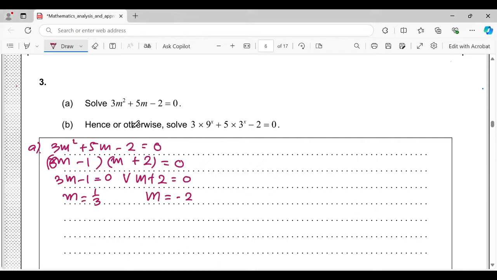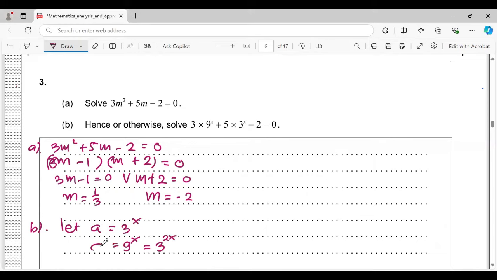Hence or otherwise, solve 3 multiply 9 power x plus 5 multiply 3 power x minus 2 equals 0. Let a equals 3 power x. So it means 9 power x equals 3 power 2x.